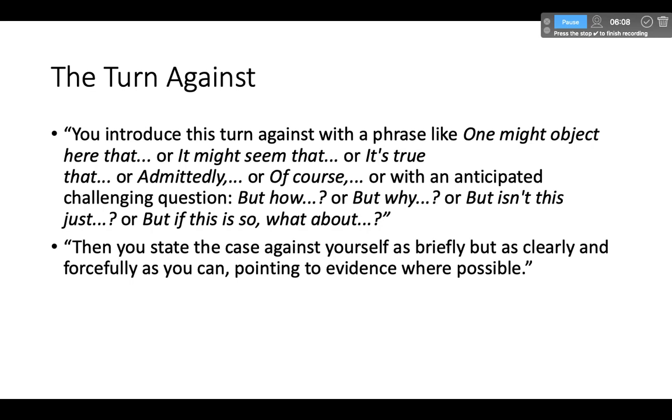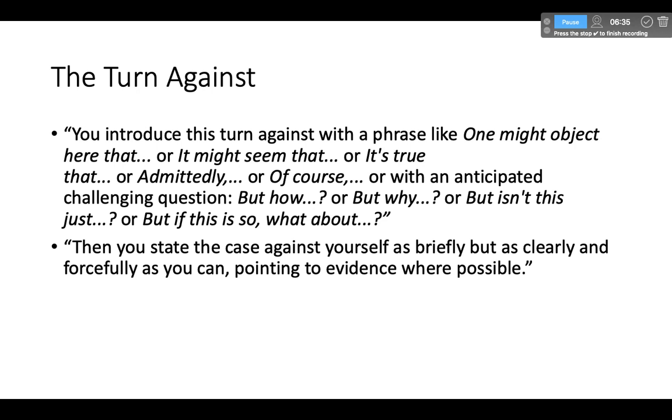You introduce this turn against with a phrase like, one might object here that, or it might seem that, or it's true that, or admittedly, or of course, or with an anticipated challenging question, but how, or but why, or but isn't this just, or but if this is so, what about?